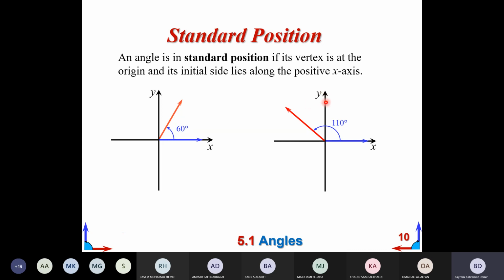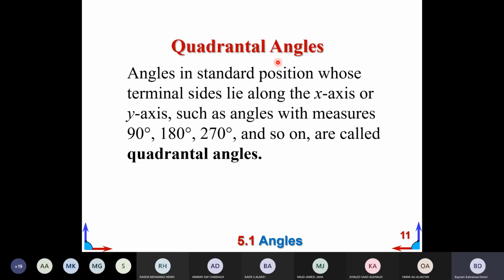No. It is right in between, right? So we are not going to say 90 degree is first or second. 90 degree is, what did we say? I'm sorry. Quadrantal angles. I'm sorry, I confused the name. Quadrantal angles.